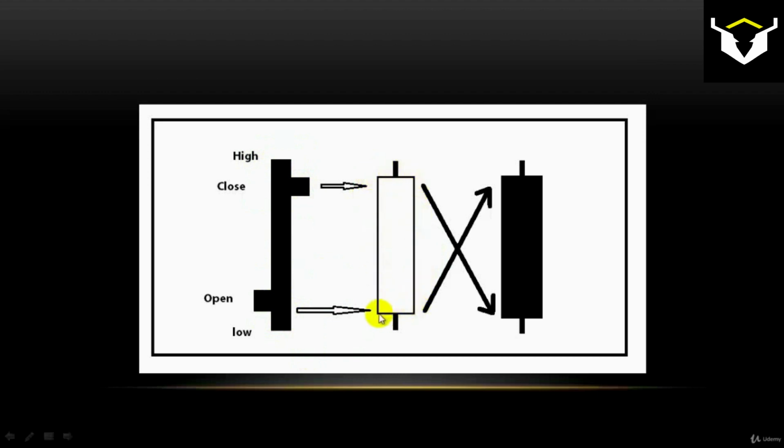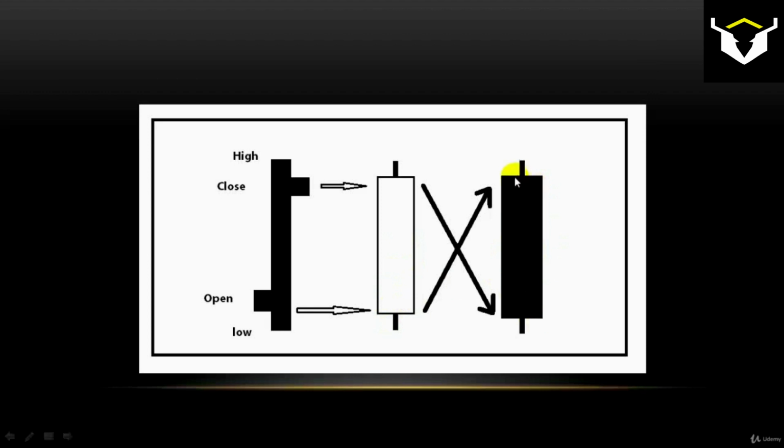Now this white rectangular shape is called its body. Similarly, this black rectangular shape is called its body. The only difference is this one is white or empty because it has a positive close as compared to its open, which means prices have closed higher above its open price, whereas in this case it has a filled body or a black body because prices have closed below its open.